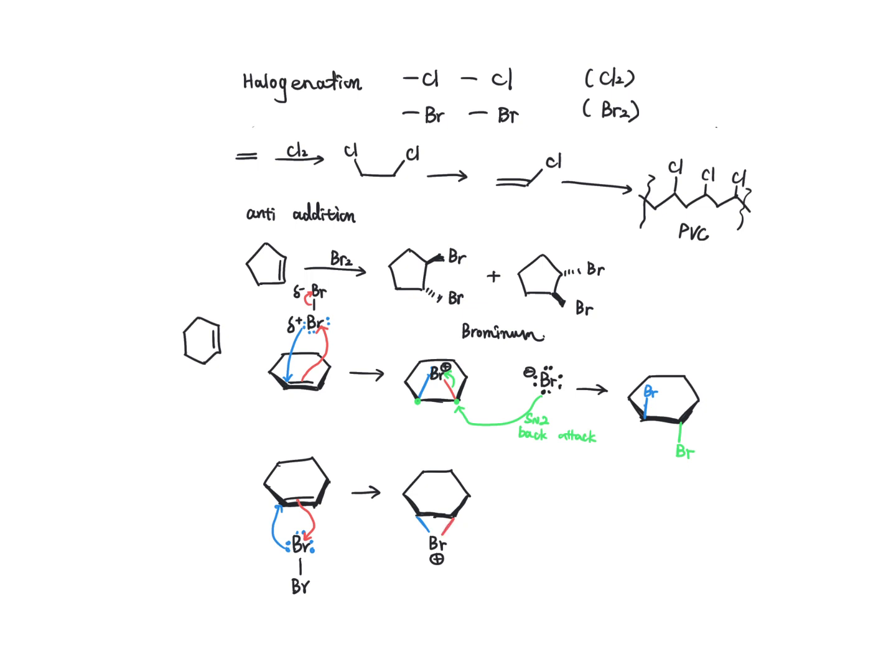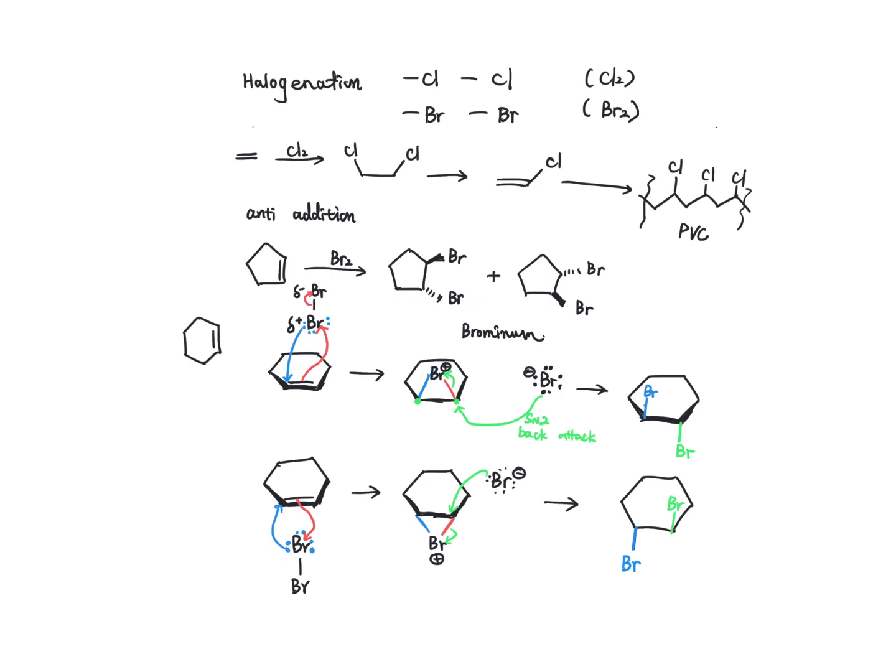So when your bromide comes in, it attacks from the other side, and now it's coming from the top. Kick this off, and that will give you this bromine. Blue one is at the bottom, green one now is on the top right here.